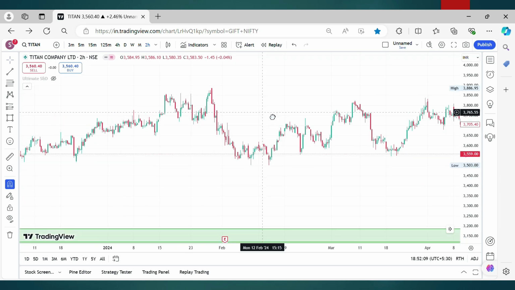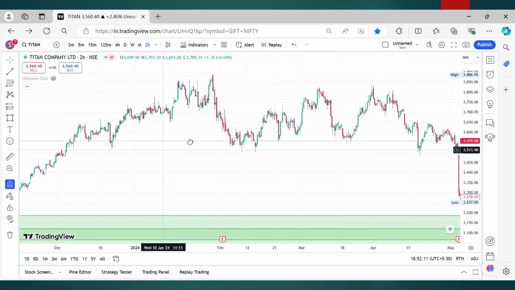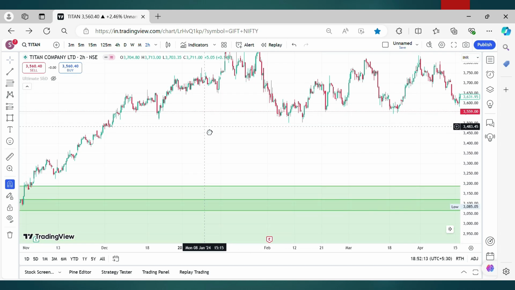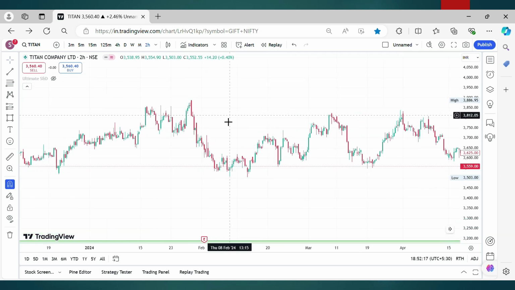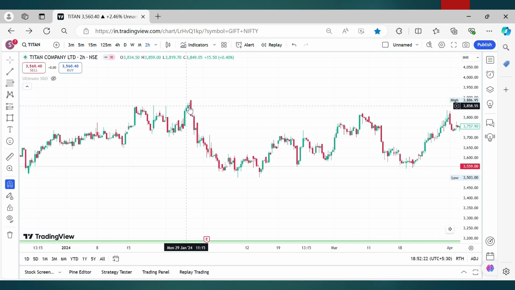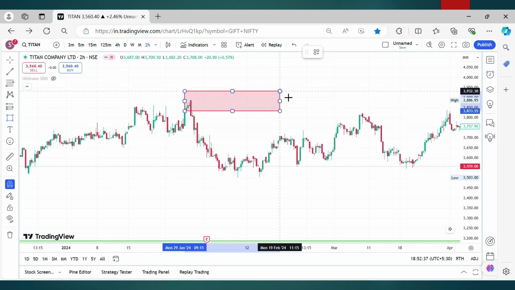This is a 2-hour chart of Titan. Here we can see that the price is in upward momentum for a long time, and at one point there are a series of base candles followed by a big healthy red candle. This is the area of supply, and now let's mark the zone where the base candles lie.